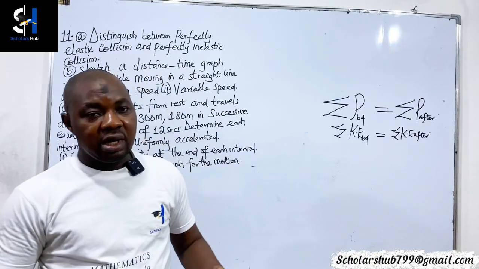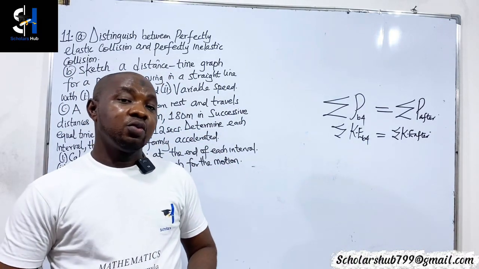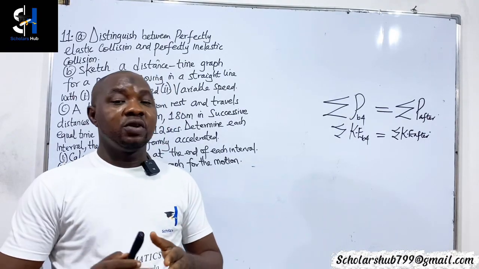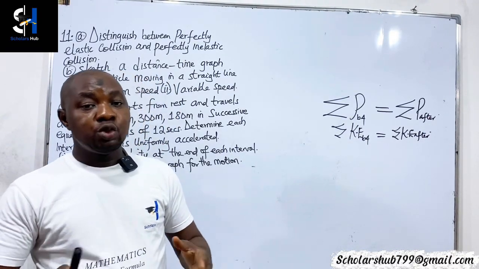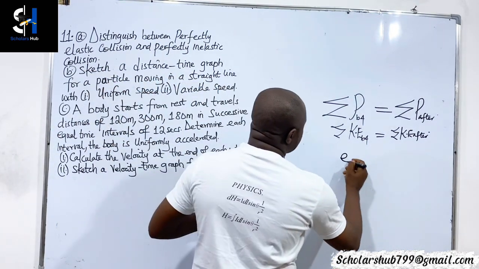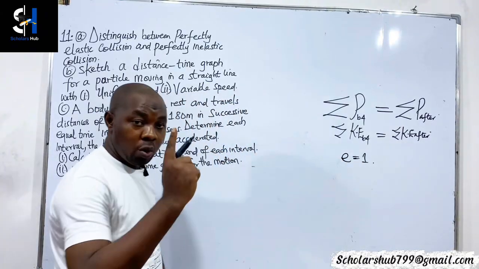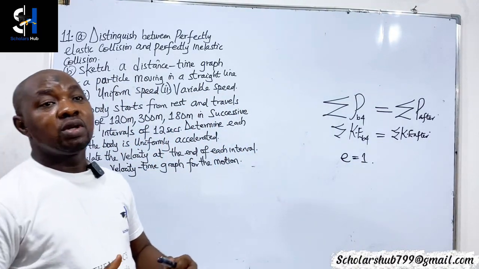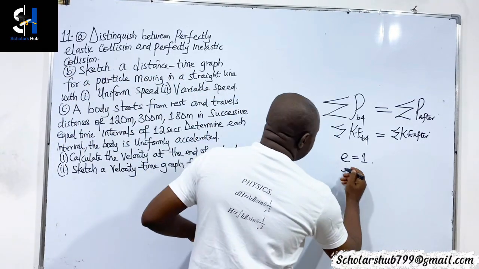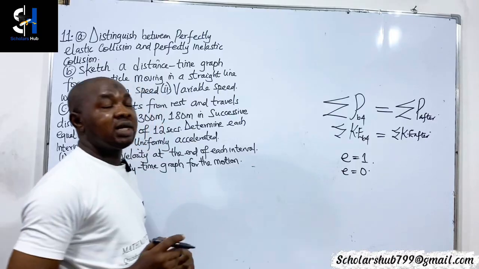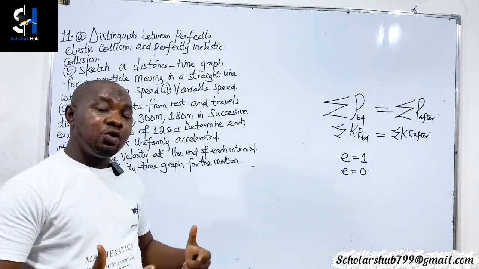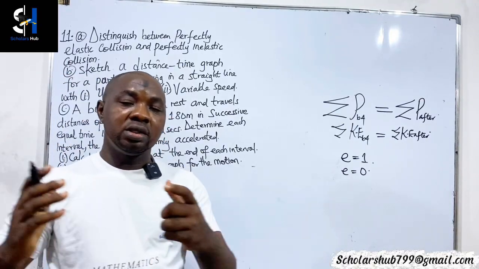Or we can say that the coefficient of restitution can be measured as a ratio of velocity of separation to the velocity of approach between two colliding bodies. So when the value of the coefficient of restitution E is equal to 1, the collision is perfectly elastic. But when the value of E is equal to 0, the collision is perfectly inelastic. So the value of E lies between 0 and 1.